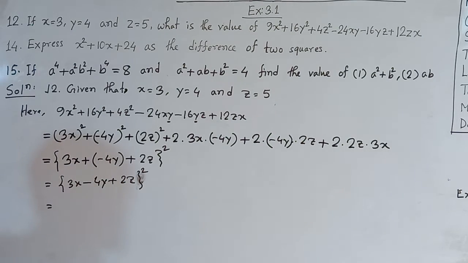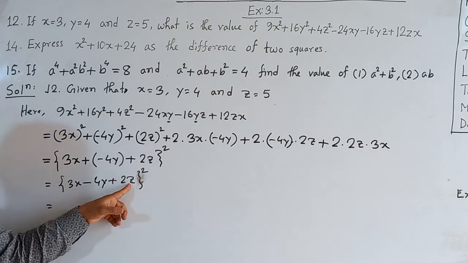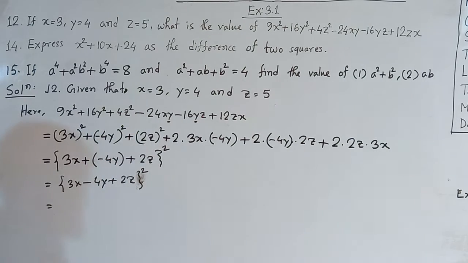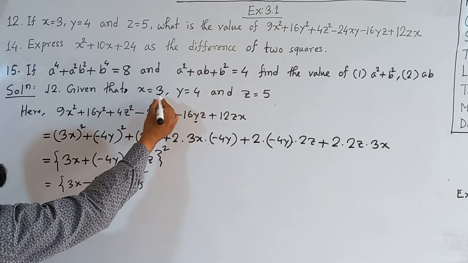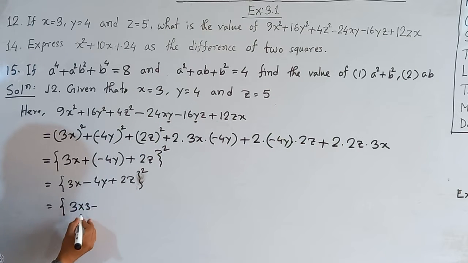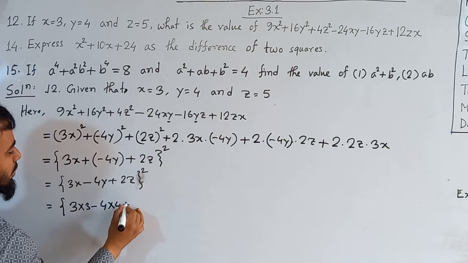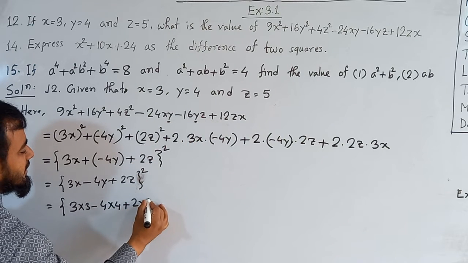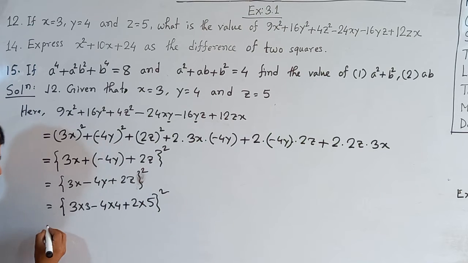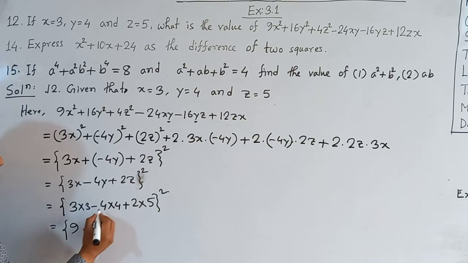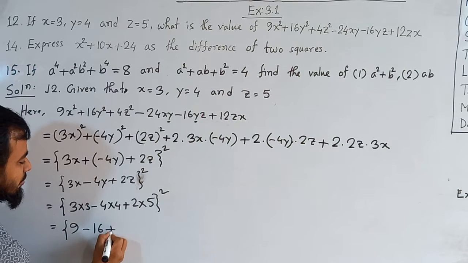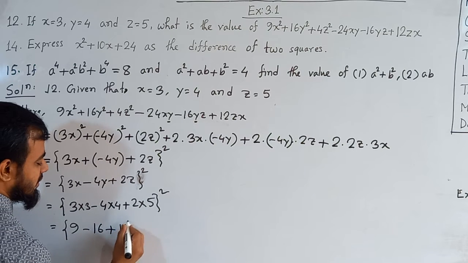Dear students, we have the values of x, y and z given here. So put the values here and we'll get the required answer. It's 3 multiplied by x, the value of x is 3, minus 4 multiplied by y, the value of y is 4, plus 2 multiplied by z, the value of z is 5, whole squared. That's equal to 3 multiplied by 3 is 9, minus 4 multiplied by 4 is 16, plus 2 multiplied by 5 is 10.